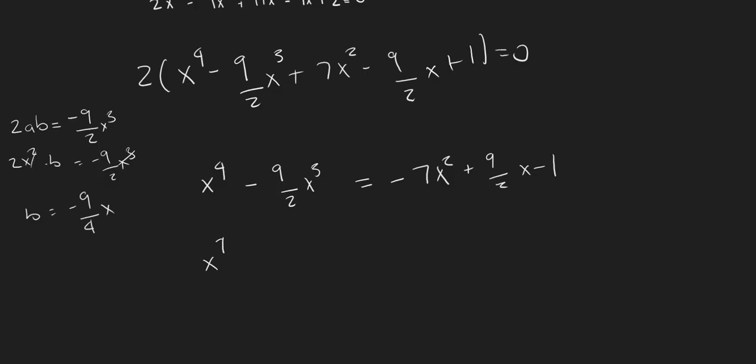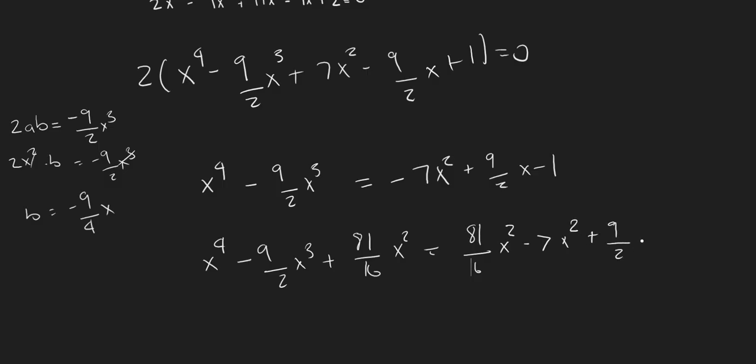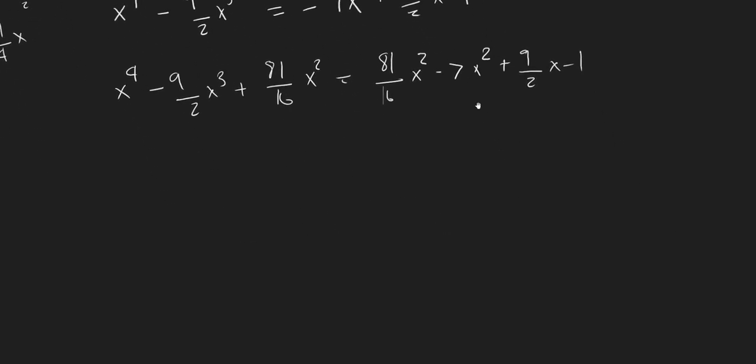x to the power 4 minus 9 over 2 x cubed plus 81 over 16x squared. Same thing to the right side: 81 over 16x squared minus 7x squared plus 9 over 2 x minus 1. Now anyone who knows the Ferrari method knows what this is going to be leading to.